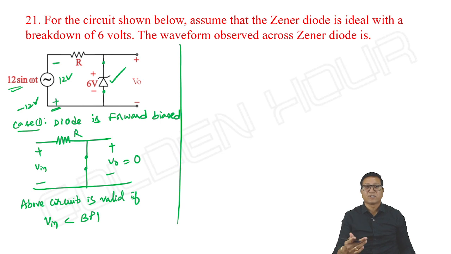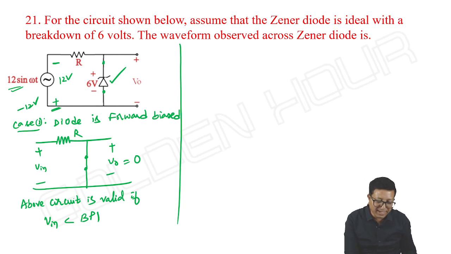Next, input is greater than breakpoint 1 or positive, and of course less than the breakdown voltage of the Zener diode. When the input is positive, what happens? The diode is reverse biased. And how long does the diode remain in reverse bias?